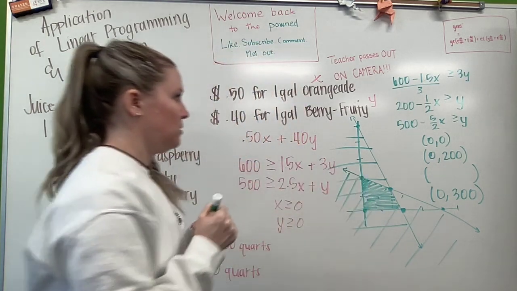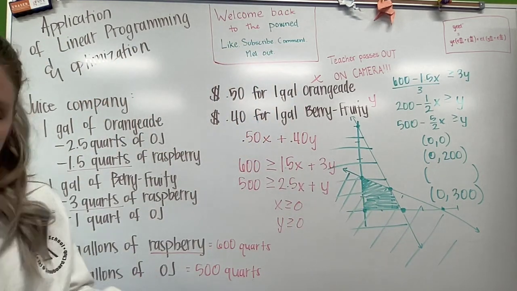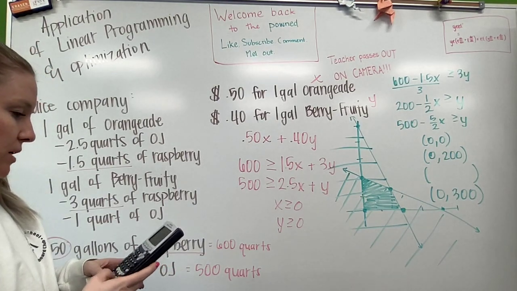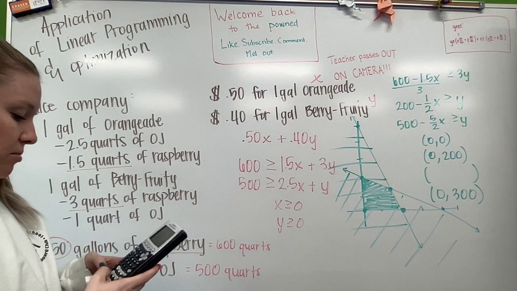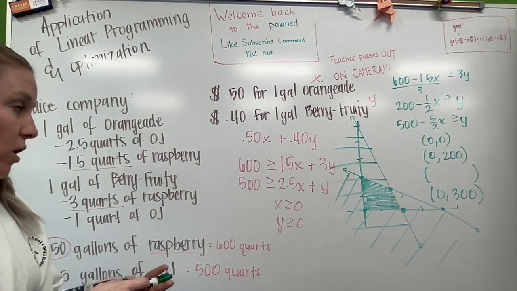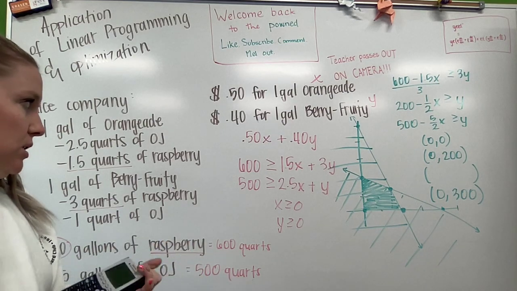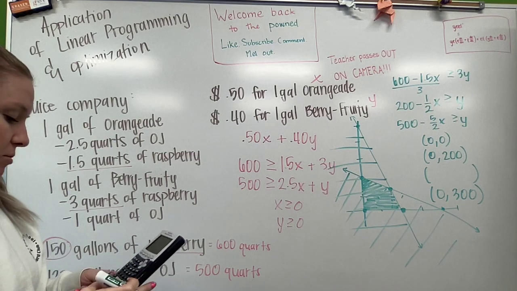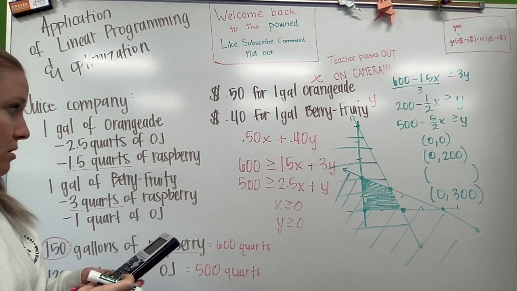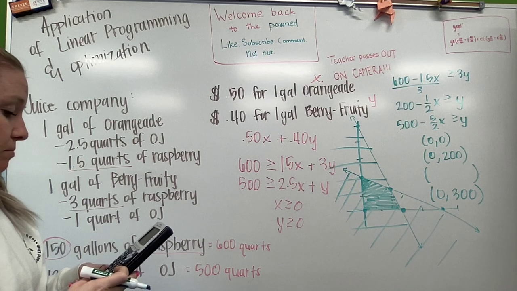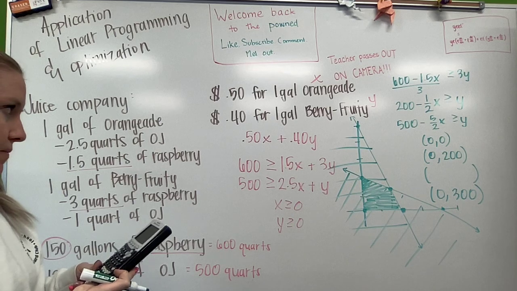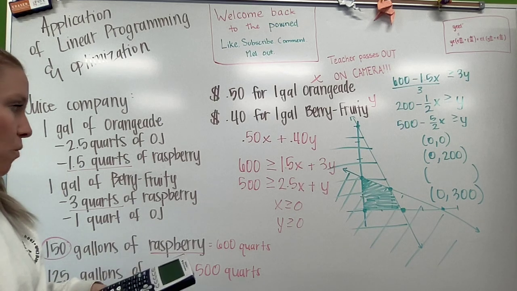So I'm going to just try to figure out what that X value is. If that's 150, I'm going to take 500 minus 150, divide that by 2.5, that's 140. Let's see if that works up there. If I do 140 times 1.5 plus 150, those numbers don't work.